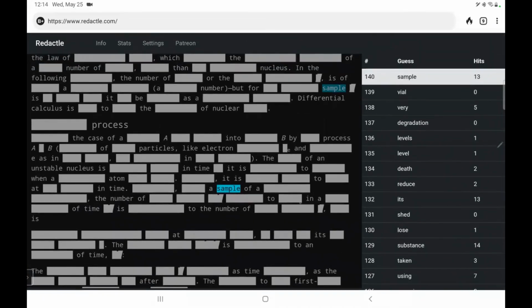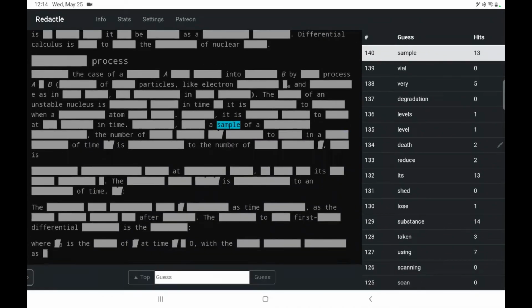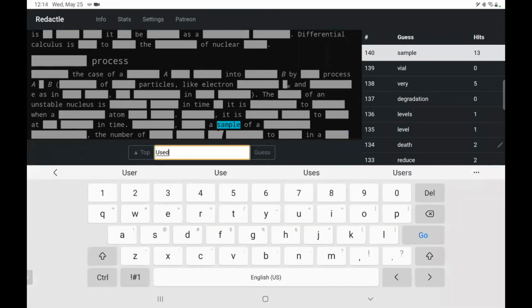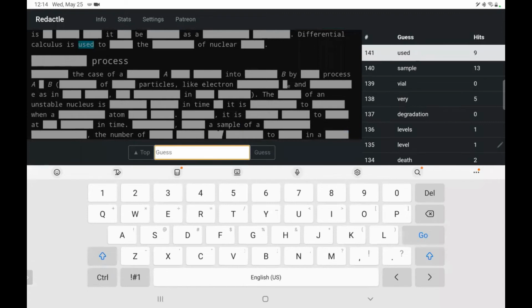Differential calculus is used to calculate maybe the radioactivity.